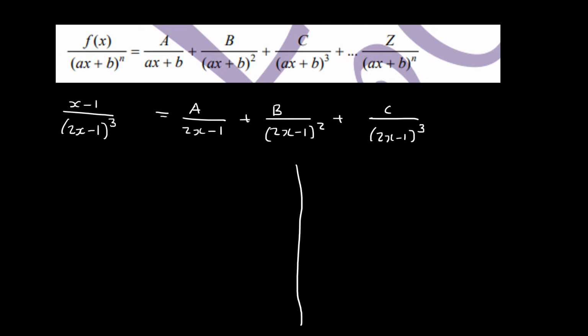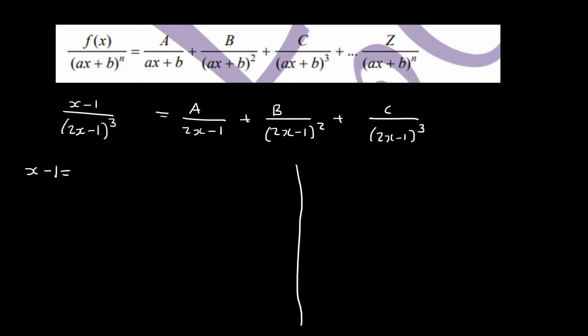But first, remember, the first step after here is to multiply by the common denominator. Or if you want to remember it easily, you multiply by the denominator of your left hand side. So if I multiply this side by (2x minus 1) cubed, I'll be left with x minus 1.